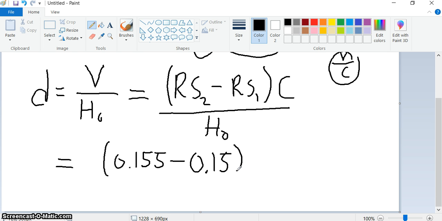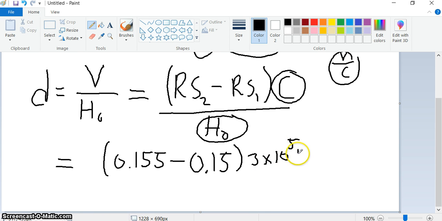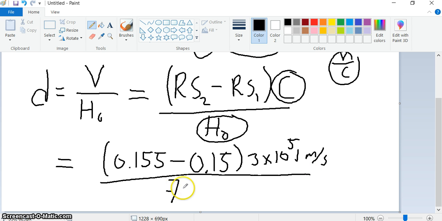In this particular case, let's represent the speed of light in kilometers per second, because remember, the Hubble constant is in kilometers per second per megaparsec. So the speed of light is 3 times 10 to the 5th kilometers per second, divided by 70 kilometers per second per megaparsec.